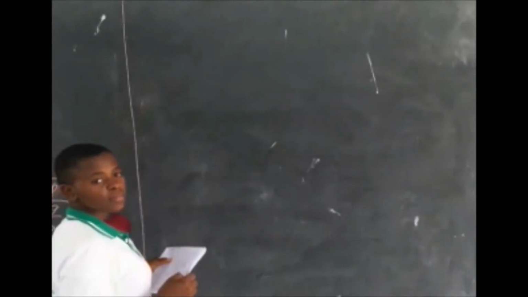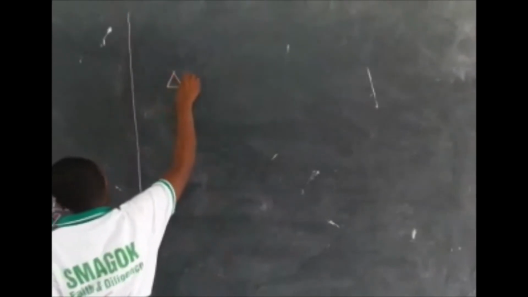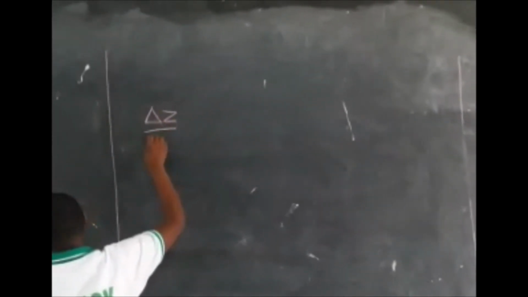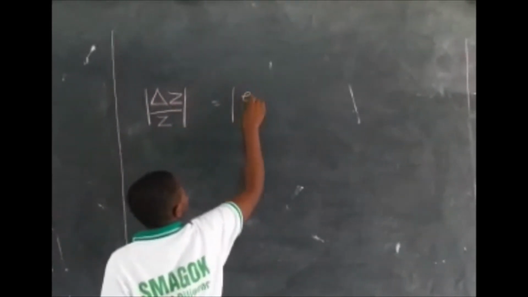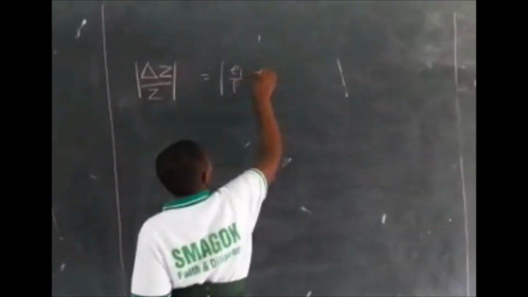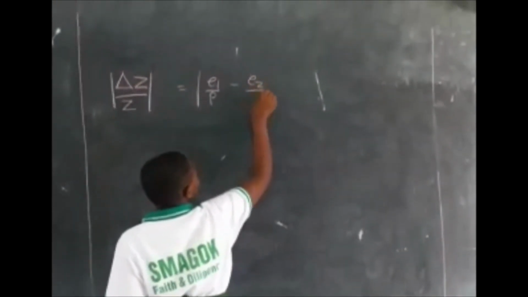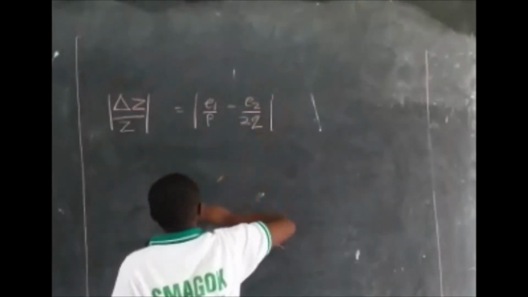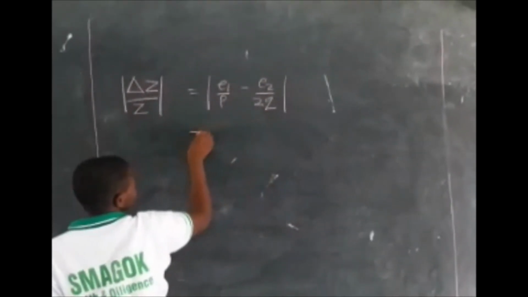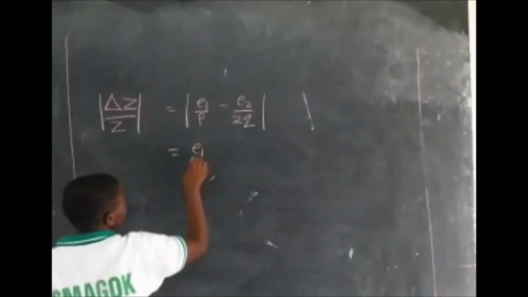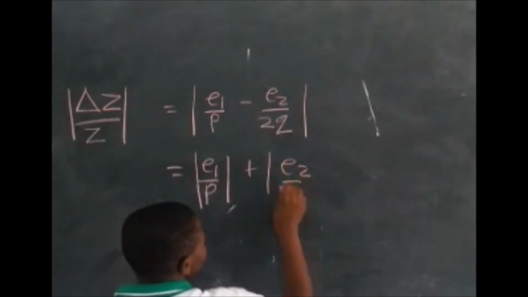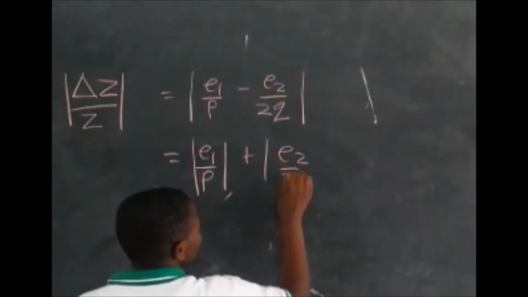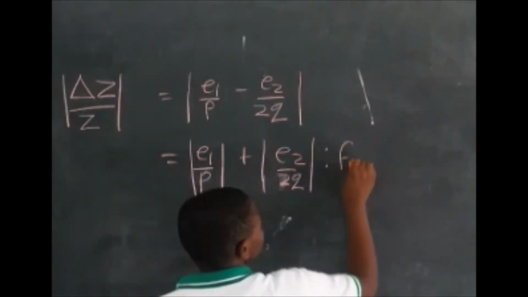Now from there we shall introduce the absolute value to find the maximum relative error in Z, and it will be delta Z out of Z absolute equal to the absolute of E1 out of P minus E2 out of 2Q. Now from triangle inequality, this will be equal to the absolute of E1 out of P plus E2 out of 2Q.